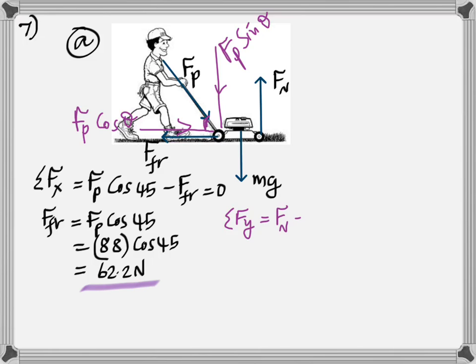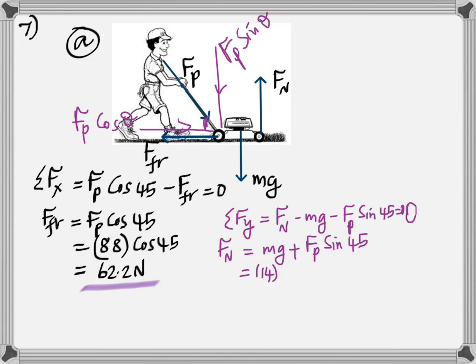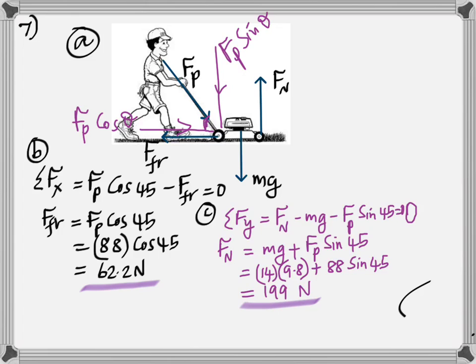Now, taking the forces along the y-axis, you have Fn up and the other two down. So minus mg minus Fp sine 45 is equal to 0. And on rearranging, and substituting the numbers, you get 199 newtons.